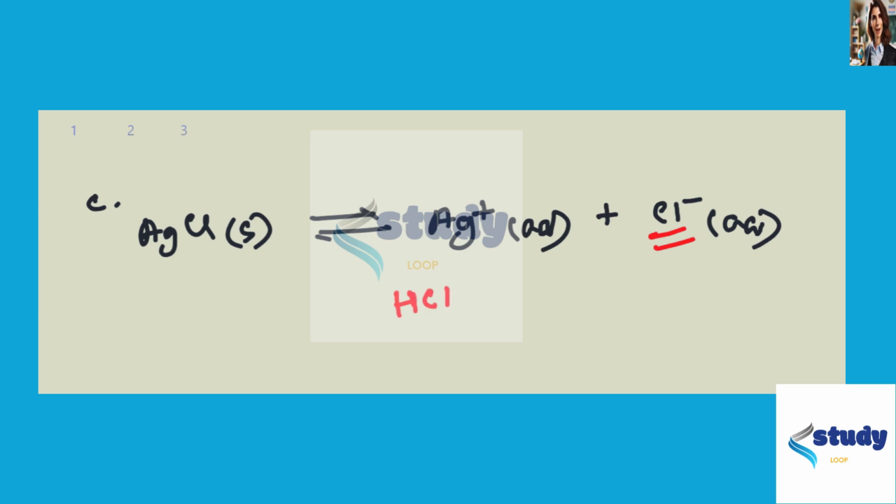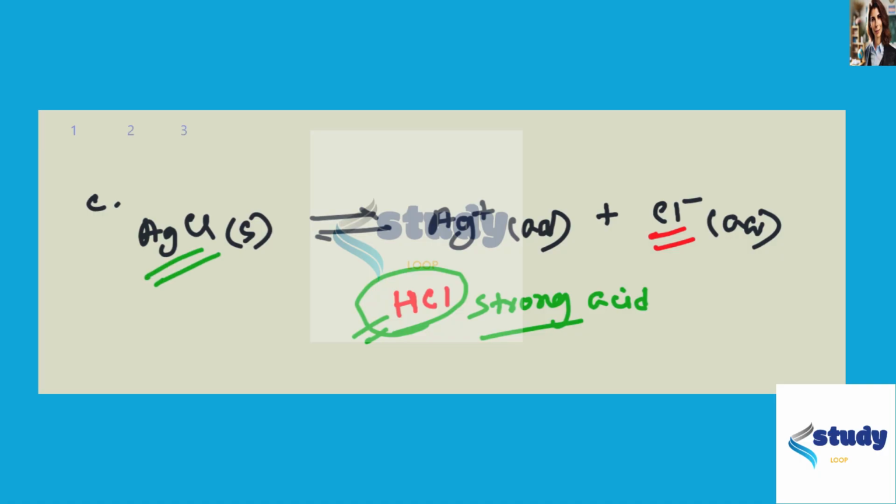And as we know that HCl is a strong acid, that means the solubility of AgCl in an acid will produce another strong acid, and that's why this is not favorable. The formation of this will not be favorable in an acid, and that's why AgCl is not more soluble in acid.